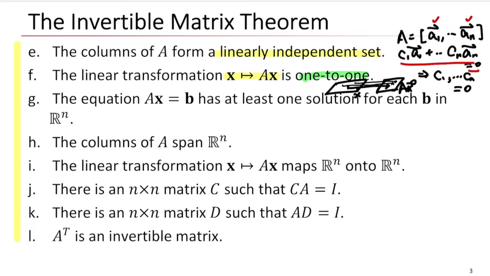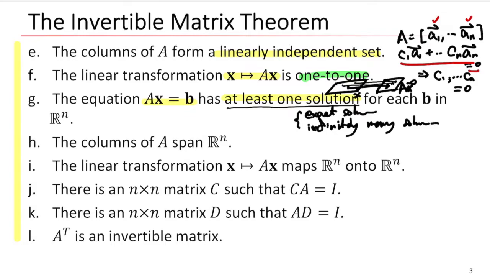The next statement: the equation Ax equals b has at least one solution for each vector b in Rn space. At least one solution means exactly one solution or infinitely many solutions, right?